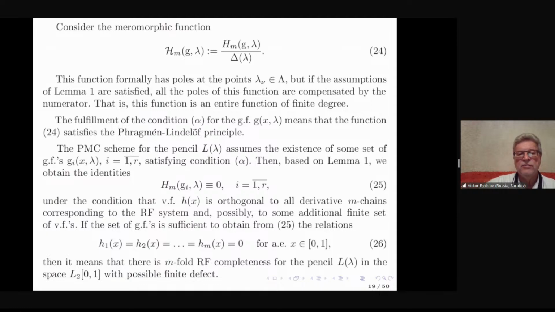Then, based on lemma 1, we obtain the identities 25 under the condition that the vector function h of x is orthogonal to all derivative m chains corresponding to the root function system and possibly to some additional finite set of vector functions. If the set of generating functions is sufficient to obtain from 25 the relations 26, then it means that there is m-fold root function completeness for the pencil L of lambda in the space L2 on 0, 1, with possible finite defect.